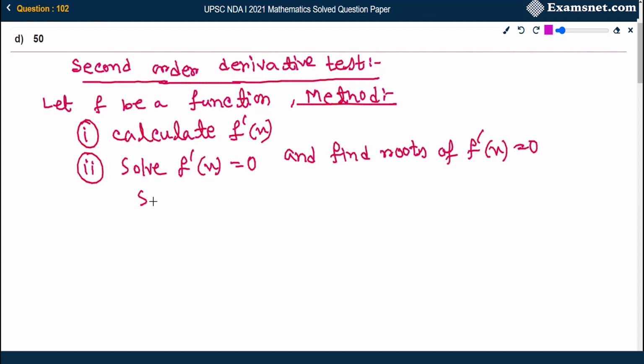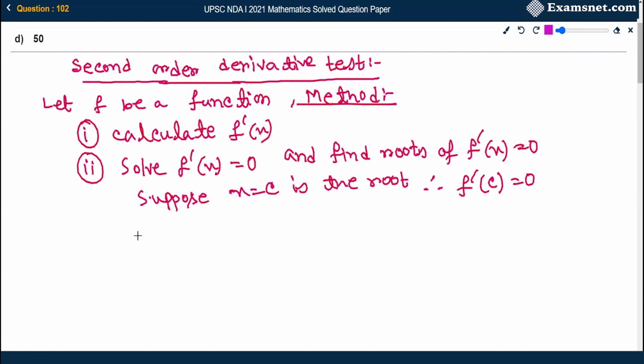That implies that f dash c equals 0 if c is the root. Suppose x equals c is the root, therefore f dash c equals 0.